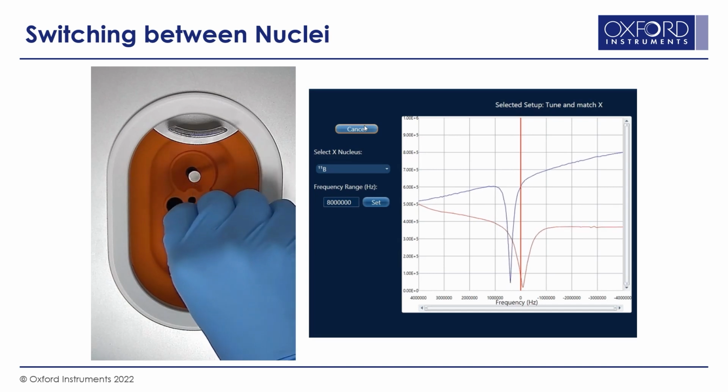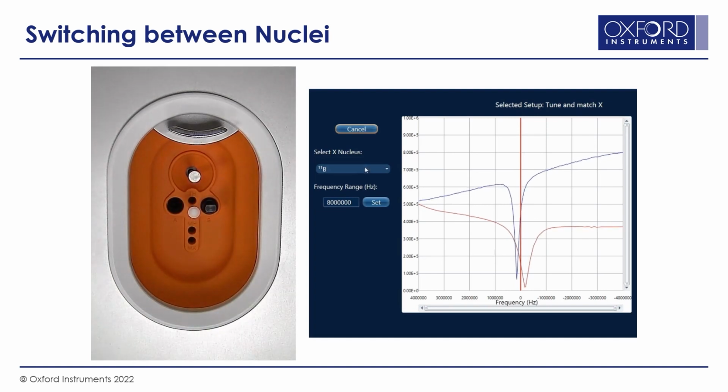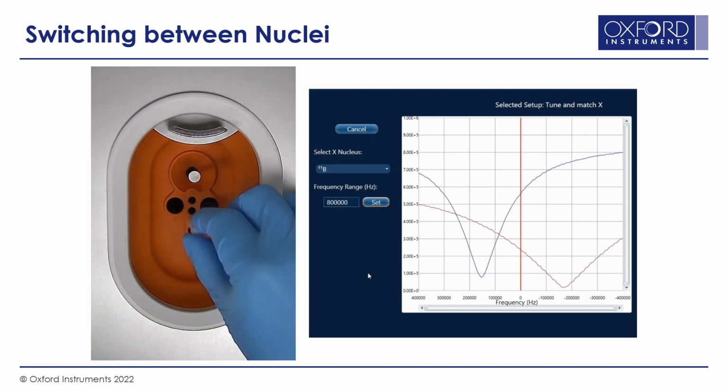The fact that the X-Pulse has this capability to tune and match on individual nuclei isn't just applicable when you're looking to switch between individual nuclei. It's just as relevant when you're using a single nucleus but looking at a range of distinct samples, where the optimal tuning and matching, and therefore the best possible performance of the spectrometer, occur under different conditions.